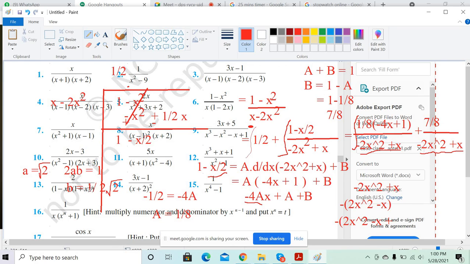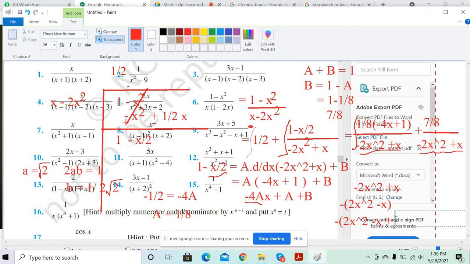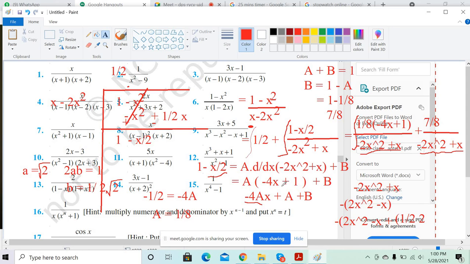So add and subtract 1 by 2 root 2 whole square. So it will become 1 by 2 root 2 whole square, and subtract the same thing.